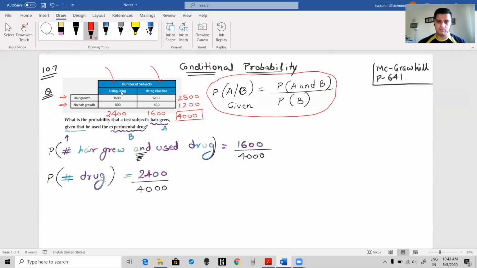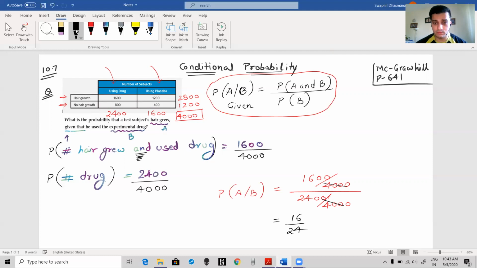where I can simply put in the values. P A given B equals 1600 divided by 4000, all divided by 2400 divided by 4000. Here I can cancel, I can put it on the calculator and solve.